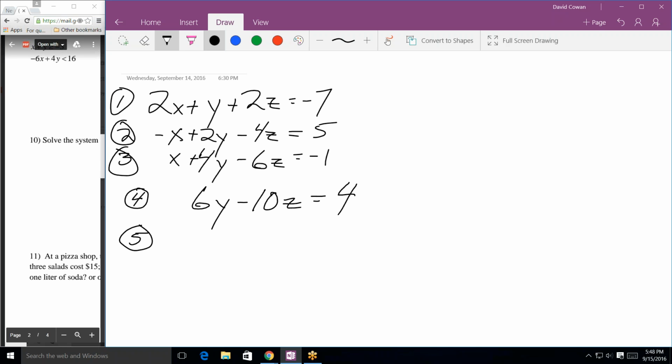Couldn't you use 1 and 3? You can use 1 and 3, but you'd have to manipulate 3 a little bit. In other words, at the moment, none of those combinations will eliminate x. So you have to take one of these equations and multiply it by something.